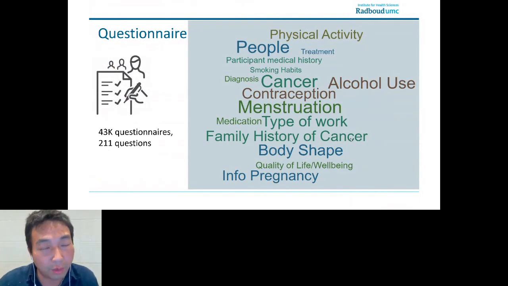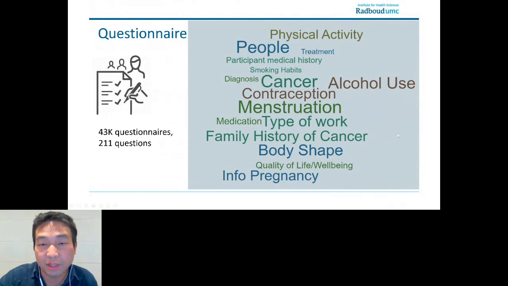We mentioned that we worked on the questionnaires. We have 43,000 questionnaires, and each questionnaire contains 211 questions. On the right, you see a word cloud that illustrates some of the topics covered in the questionnaires.